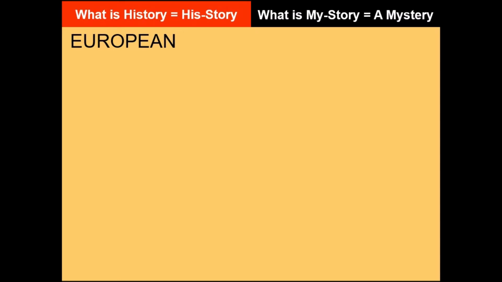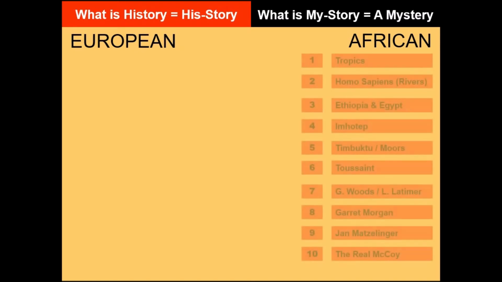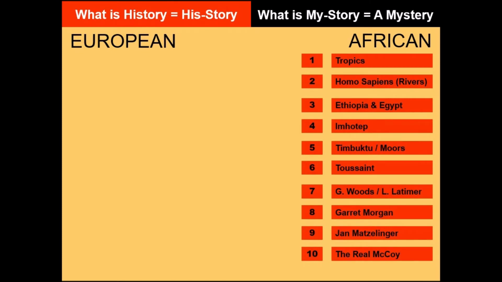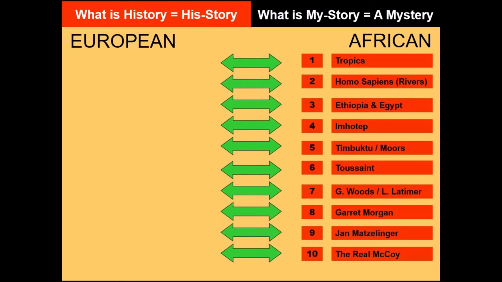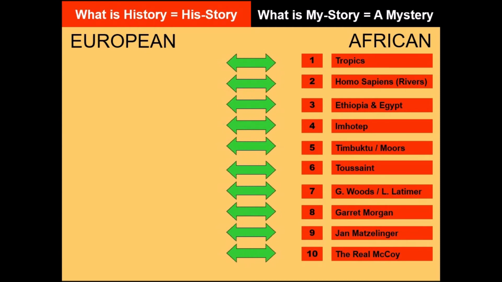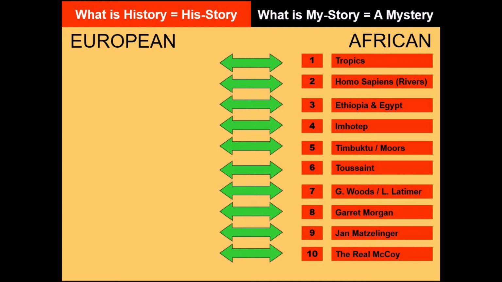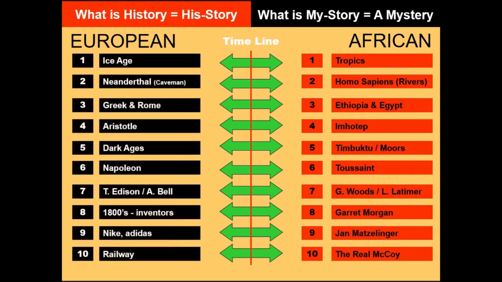It's quite often a mystery, and it's African and told by Africans from an African perspective. Let's draw some comparisons. Some of these events happened simultaneously at the same time, and some of them happened as a consequence of another. Let me go into a bit more detail.